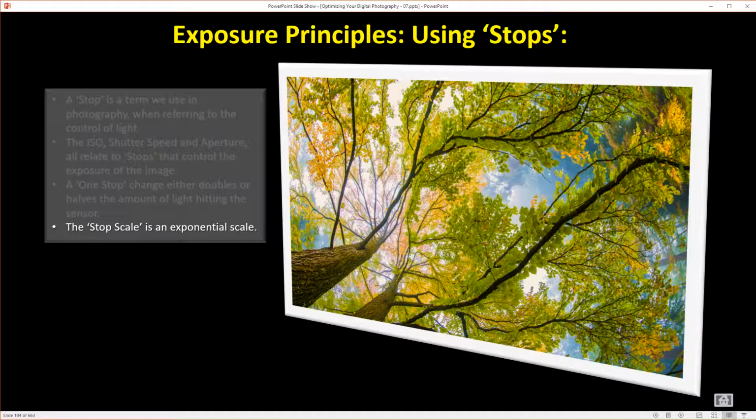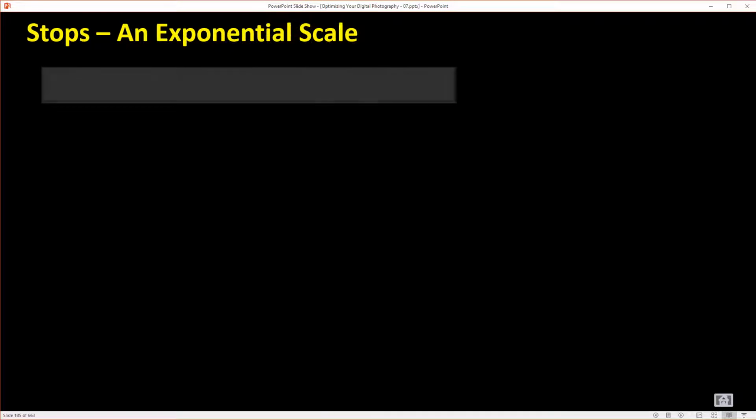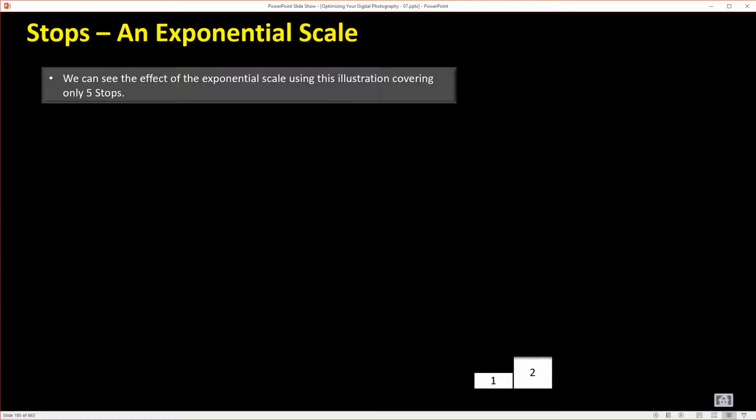The stop scale is an exponential scale. Now this is really important to try and get your head around. So we can see the effect of the exponential scale using this illustration, and we can only cover about 5 stops here because of the scale of the drawing.